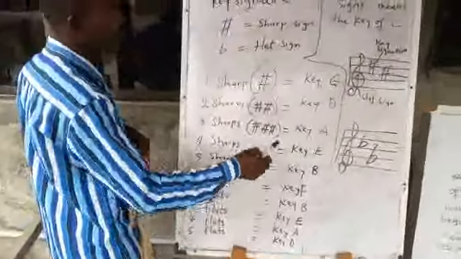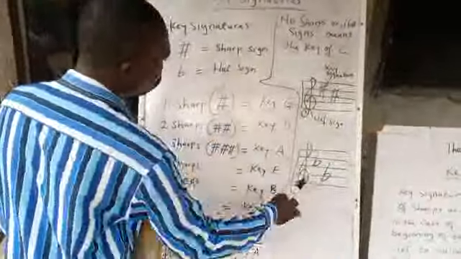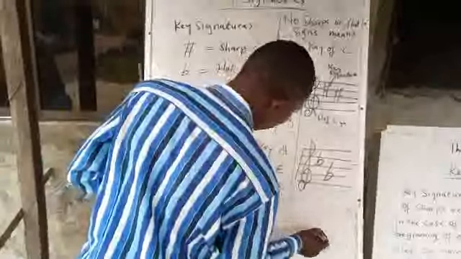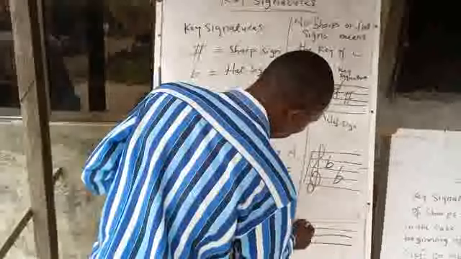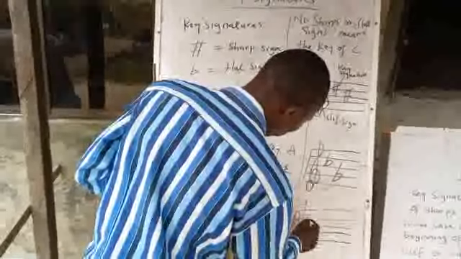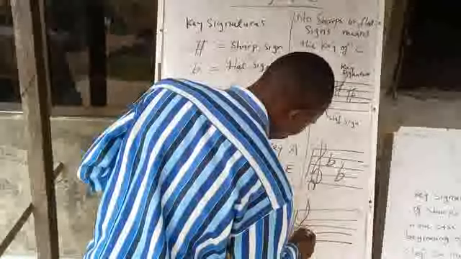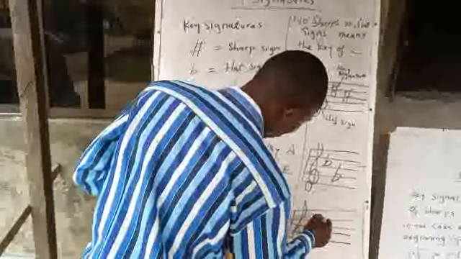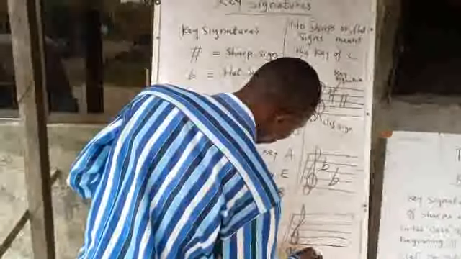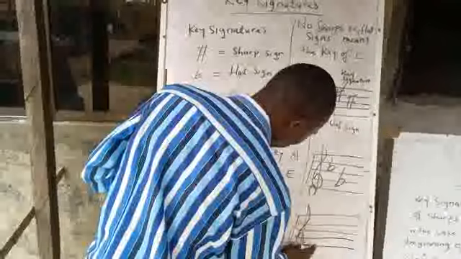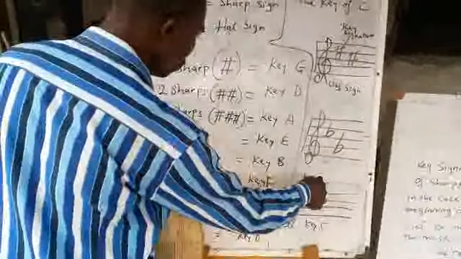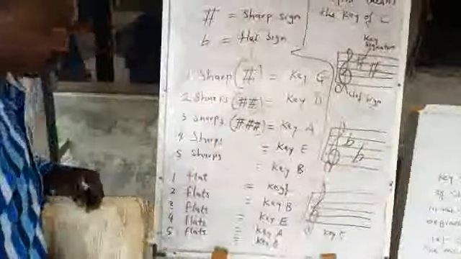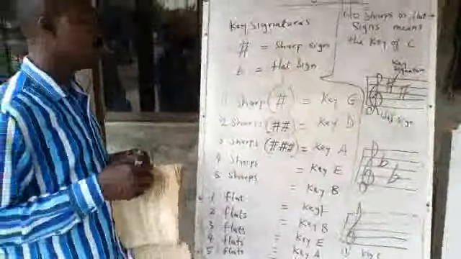No flat sign is called the key C. So if you have an empty staff, 1 2 3 4 5, this way, without any sign here, this is called key C. You see, there's nothing, no flat or sharp sign. It's called the key of C.